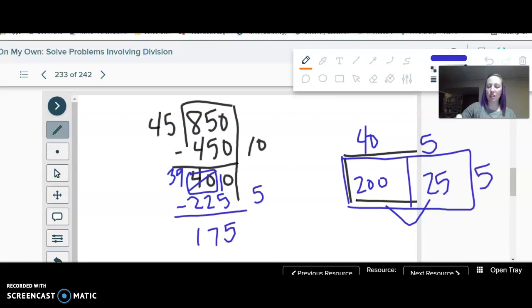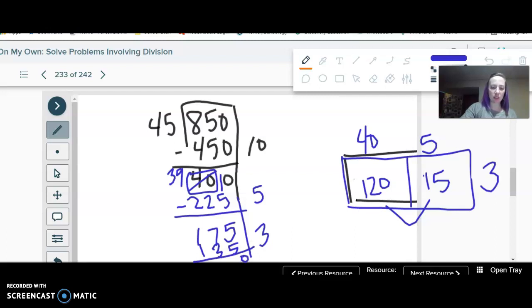So I can't do another 5 groups, right? So let's try 3 groups. See if that works. It's 120, 15. So I get 135. So I could do another 3 groups. 135. I'm running out of space.